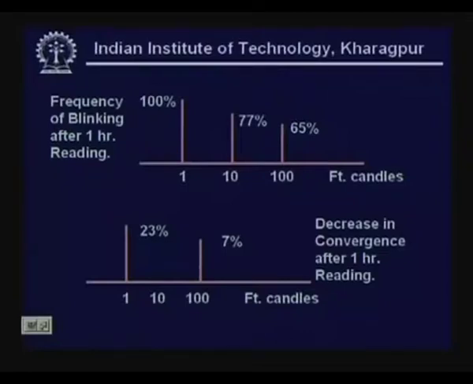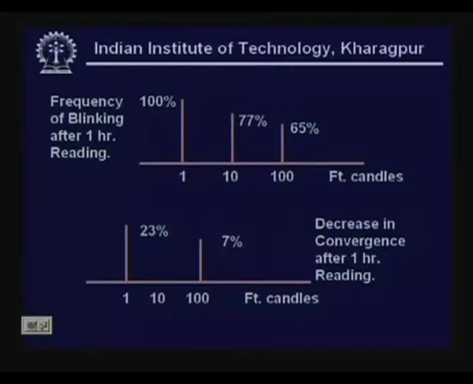Now, this ability of convergence is less if the illumination is low, as can be seen. The decrease in convergence is high at 1 foot candle, whereas it is much lower at 100 foot candle. The figures given here are 23% for 1 foot candle and 7% for 100 foot candle.